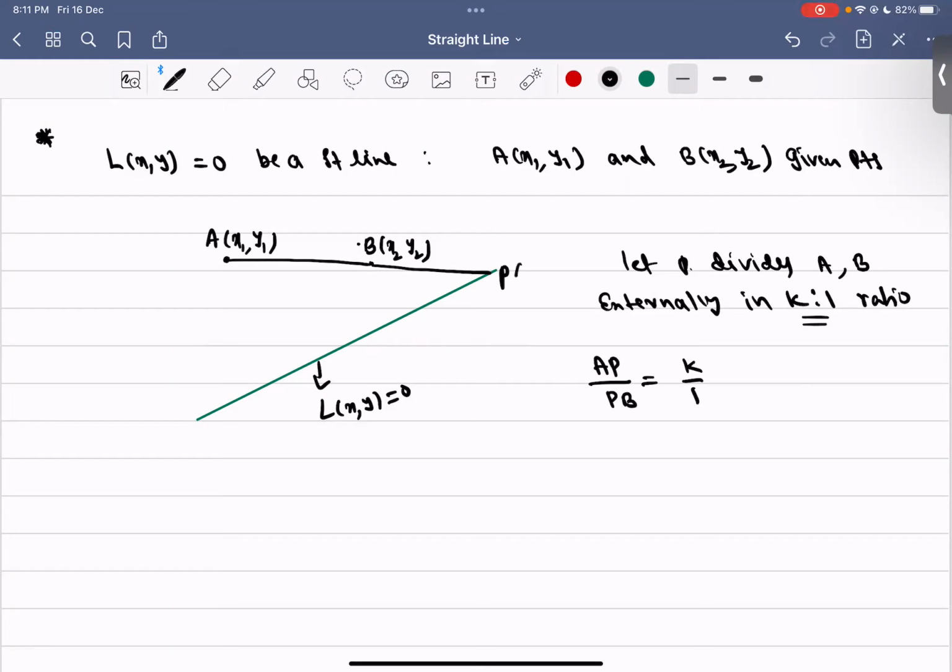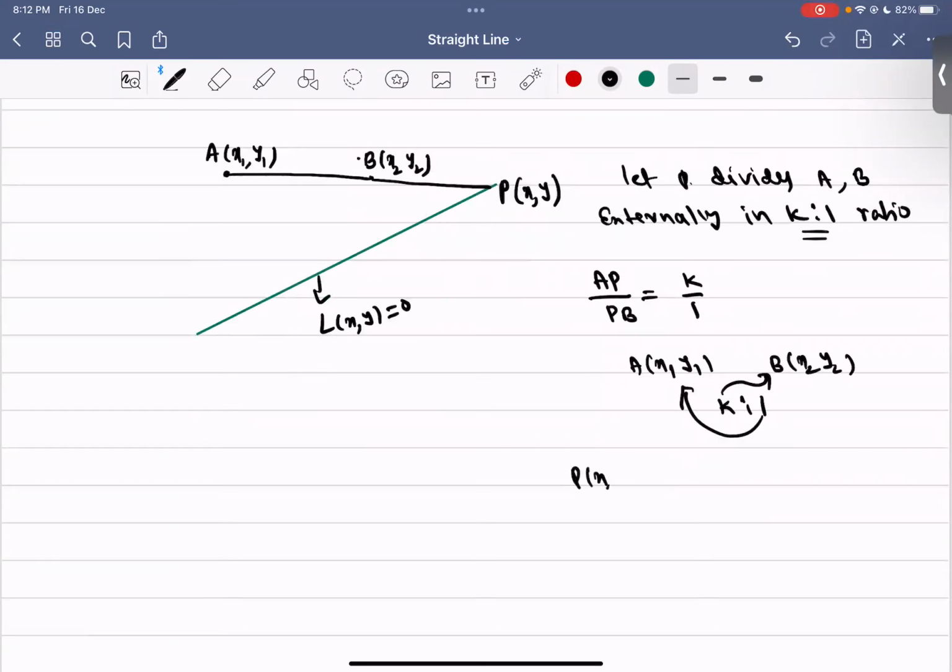Now you write the coordinates of this P(x, y), external division point. That is A(x1, y1), B(x2, y2), and the ratio is k:1, external division. Therefore P(x, y) coordinates are, for external division, (mx2 minus nx1) by (m minus n), that is (k x2 minus 1 into x1) by (k minus 1), next (k y2 minus 1 y1) by (k minus 1).